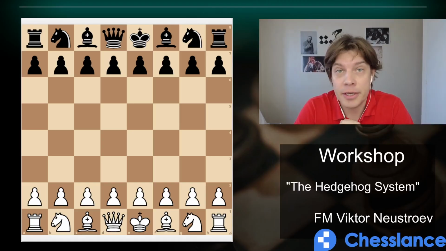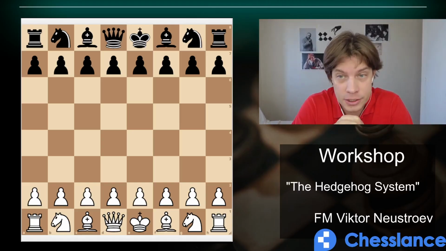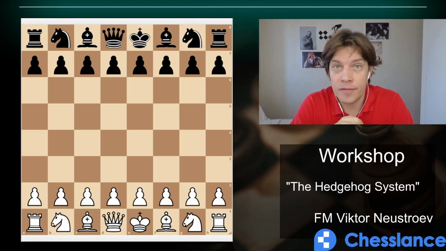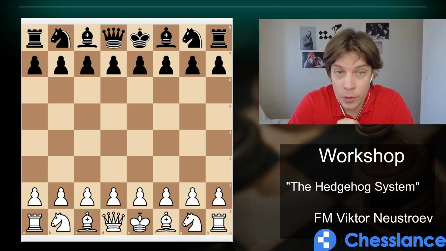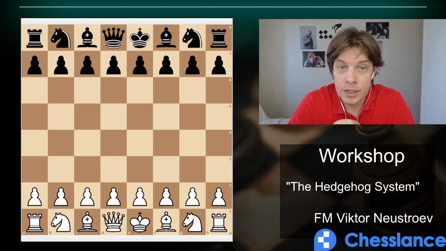Today the topic is the Hedgehog system. I'm sure many of you are familiar with such a setup, which is called the Hedgehog. If not, it's a good opportunity for you to learn, because you can force your opponent to play the Hedgehog if, for example, you choose the Maroczy Bind.